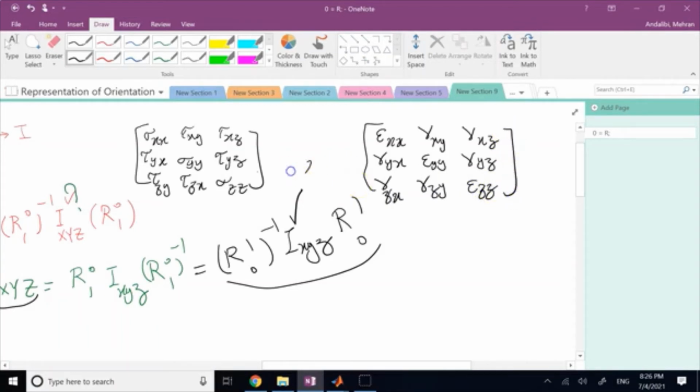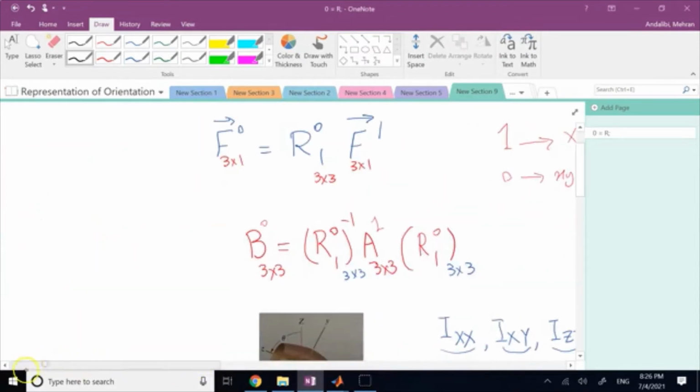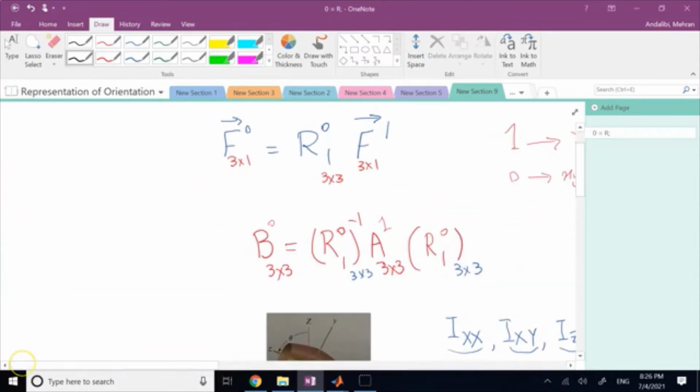Okay, so these are the three important matrices in engineering for us: stress, strain, and the I inertia matrix, that sometimes we have in one frame and we want to transform them into another frame, right?